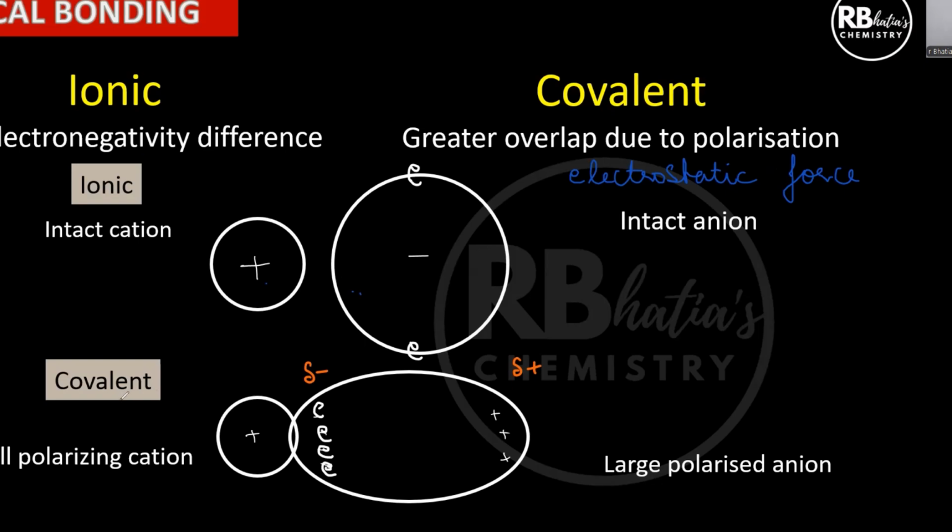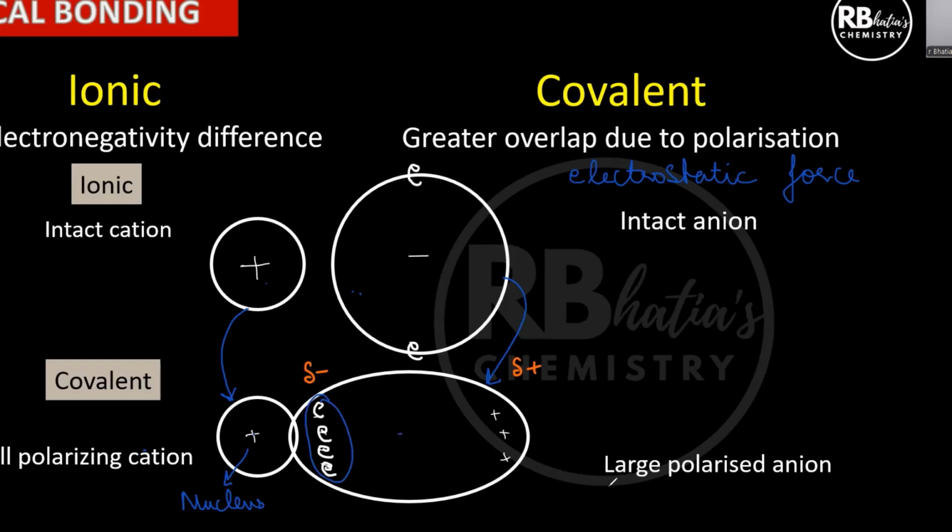Now, when does an ionic compound have some percentage of covalent character? When this cation is small in size and this anion is large in size. Now, a small cation means its nucleus will have a strong attractive pull on the electron cloud of any neighboring species.